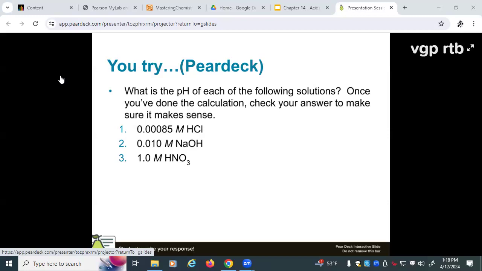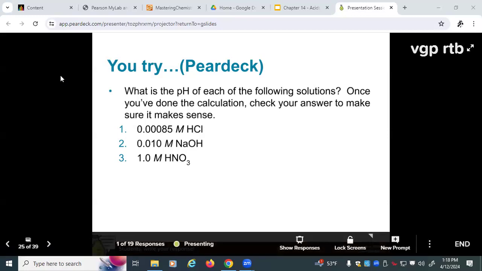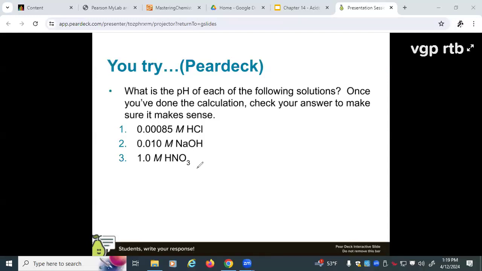we're going to run off of a similar principle. All of these are strong. The HCl is a strong acid, sodium hydroxide is a strong base, the nitric acid is a strong acid. So what that tells us is that since it is strong and we know that it breaks apart completely, the concentration given is not just the concentration of the acid, it's also the concentration of either the hydronium or the hydroxide, depending upon what it is.